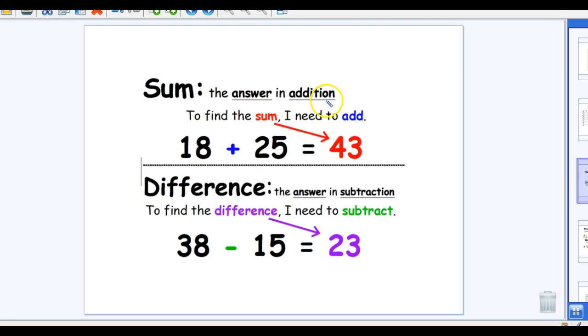We're using the mathematical operation of addition. When we say difference in math, we're not talking about how things are the same or different. We're discussing the mathematical operation of subtraction. Go ahead and pause the video if you need more time to copy the rest of this page.